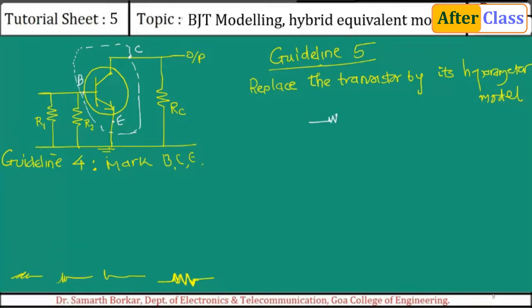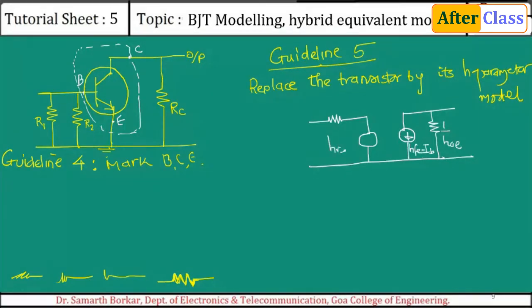We had a resistor, a voltage source, a current generator, and this admittance. This is 1 by HOE. This is HFE into IB product. This is HRE into VC, plus minus, or you can show also this signal or this symbol.